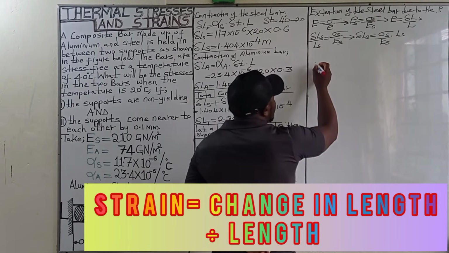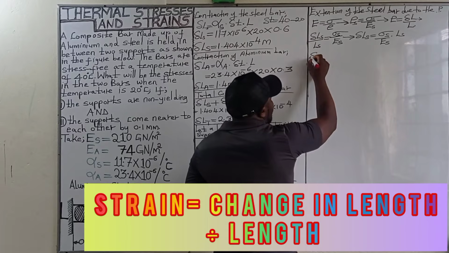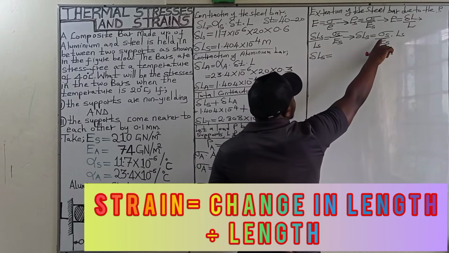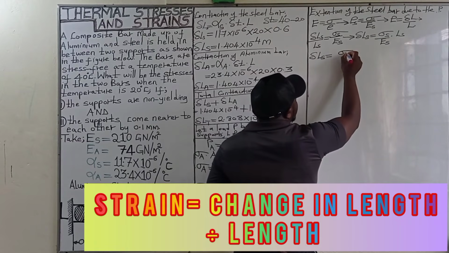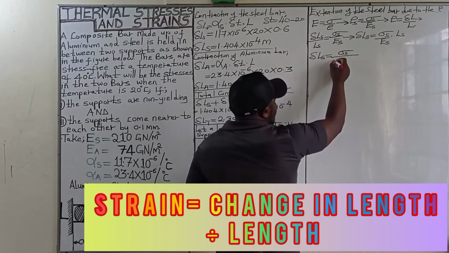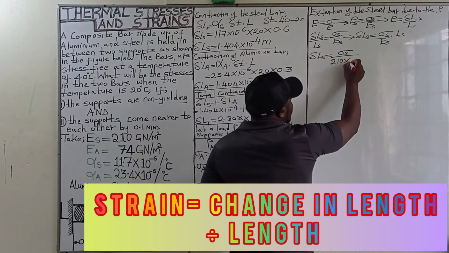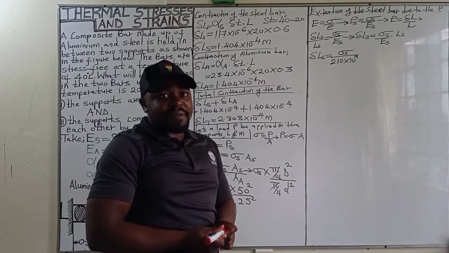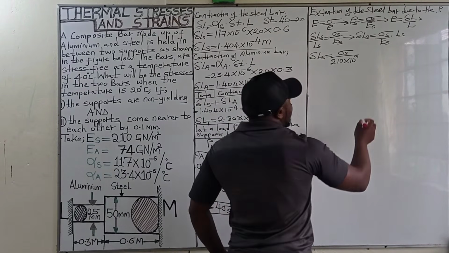And in this case, we are going to have this. The extension of the steel bar will be equal to the stress in steel bar divided by Young's modulus of elasticity of steel, which is 210 giganewtons per square meter. We convert to newtons per square meter, multiply that by 10 raised to the power of 9.